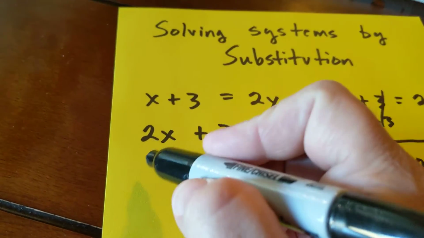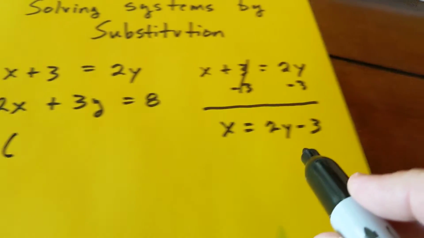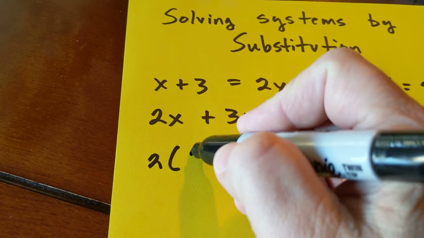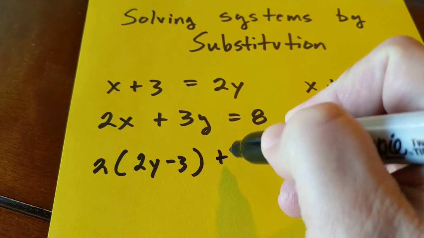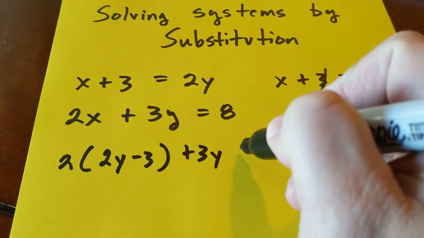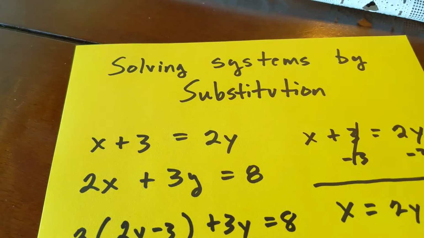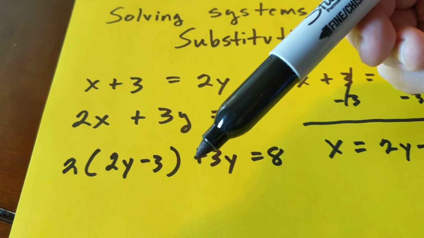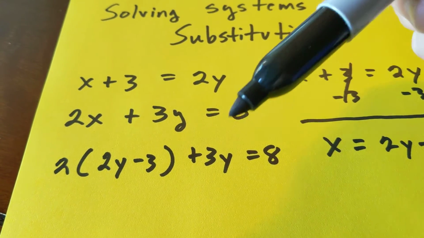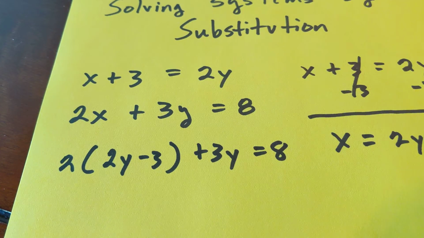So if they're the same thing, it shouldn't bother anyone that I write 2 times, but instead of x, I write 2y minus 3. And then I'm going to say plus 3y right there, and that equals 8. So what I've done is I've taken two equations and two unknowns, and I've combined them to write one equation that only has one unknown, y.